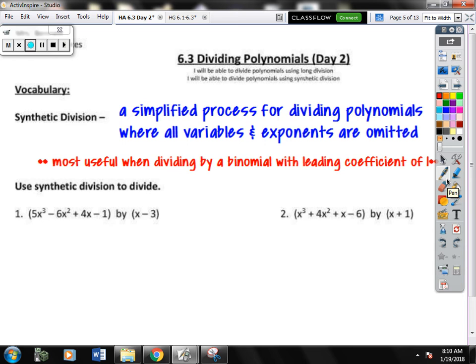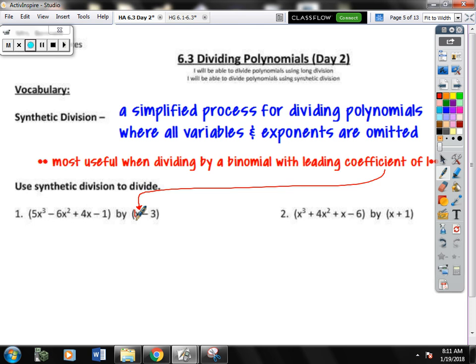It's most useful when dividing by a binomial that has a leading coefficient of 1. You'll notice that today all of the terms we're using are like a 1x. If it's not a 1, when you do synthetic division you have to do a little bit more work, and you'll have fractions, which most of you don't like multiplying and adding, which will make it a little bit harder.